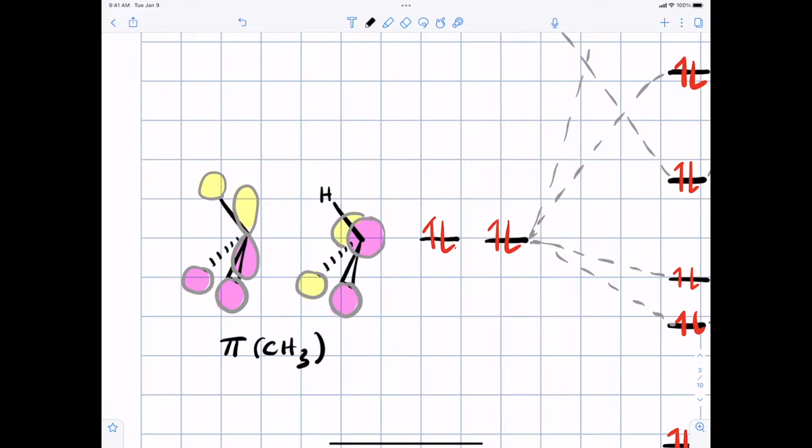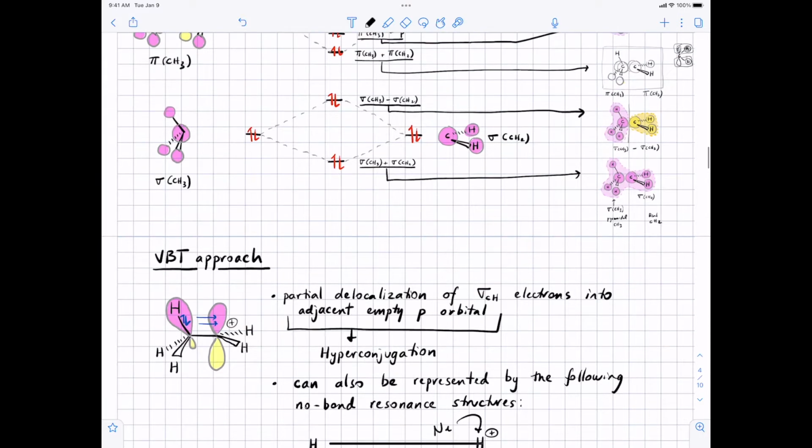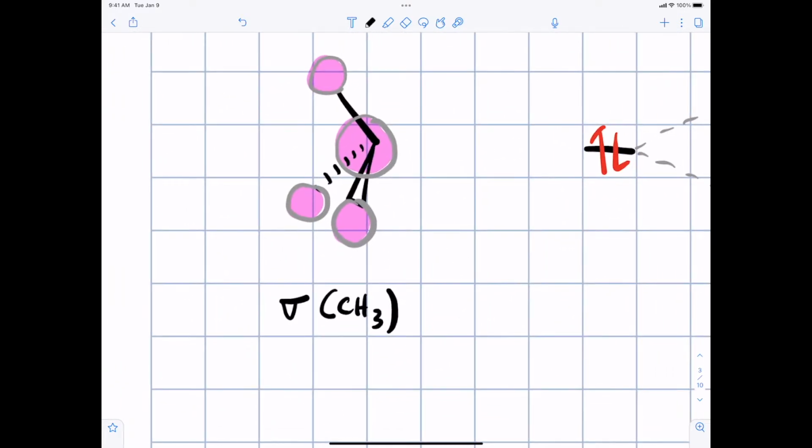And the basic idea is this: for sigma type orbitals, the wave function is mostly along intermolecular axes. By that I mean the space between two nuclei. So, for example, do you see how in this sigma type pyramidal orbital, if I put myself along the axis between any two of the atoms, the wave function is concentrated there.